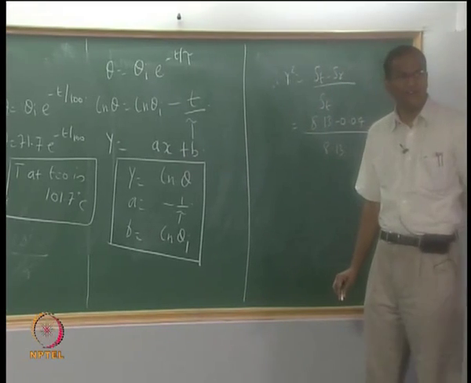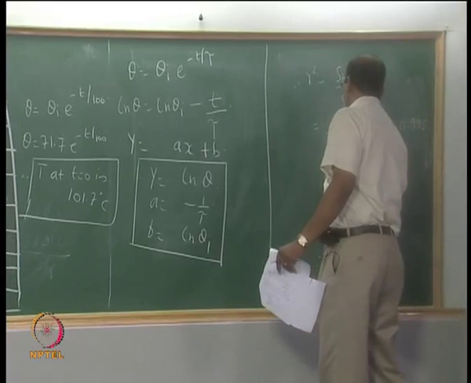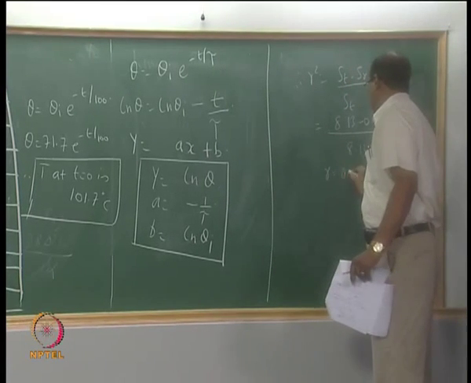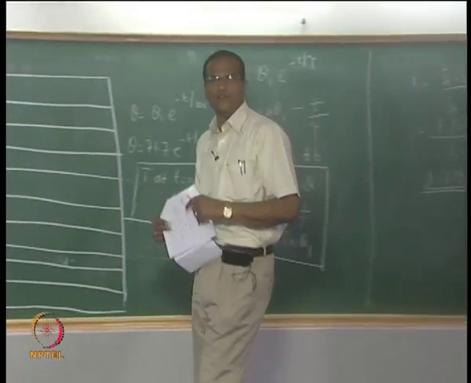How much is it? 0.997. R is a very terrific correlation. The correlation coefficient is very high, it's very good.